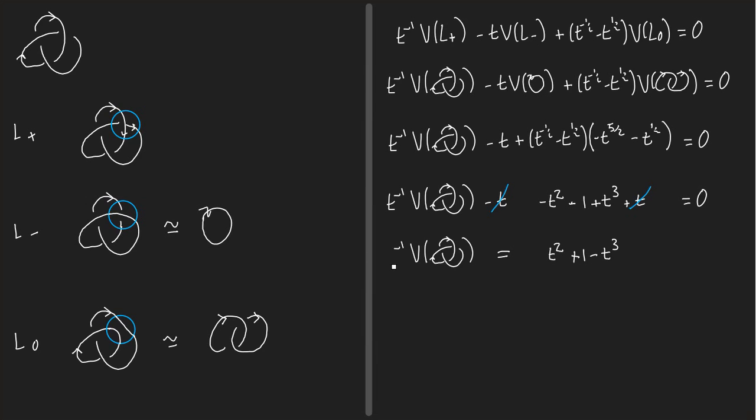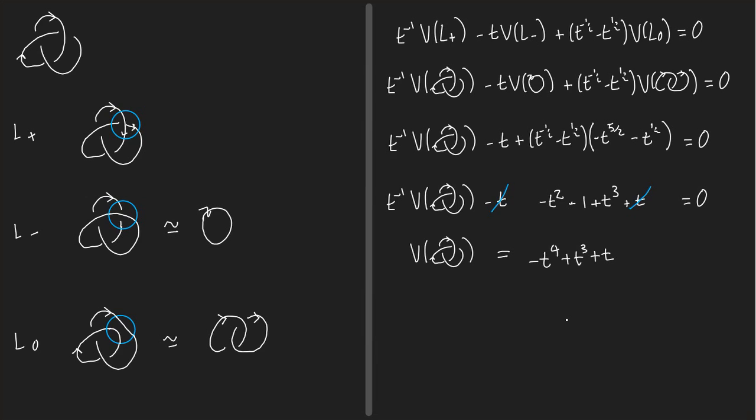And then let's times through by t to get rid of that. So this is a 3, this is a t, and this is a 4. Okay, so that's really minus t to the 4 plus t cubed plus t. Is that correct? Yes, it's correct.